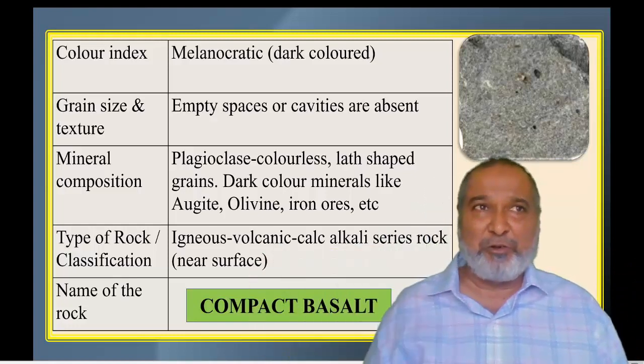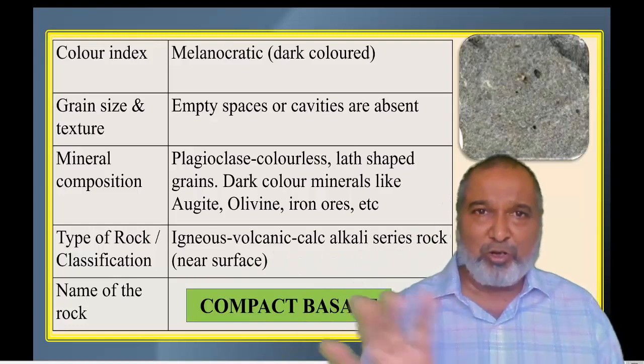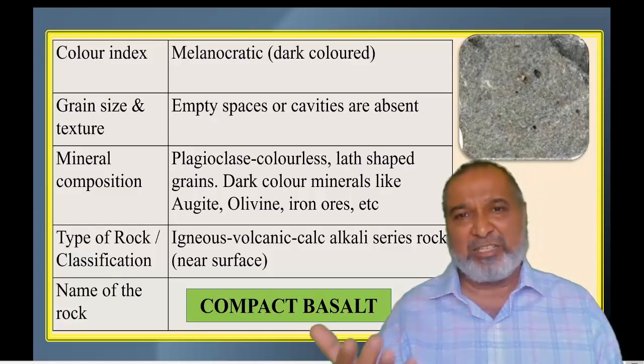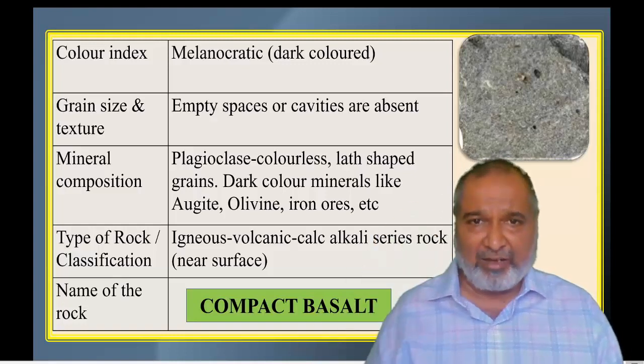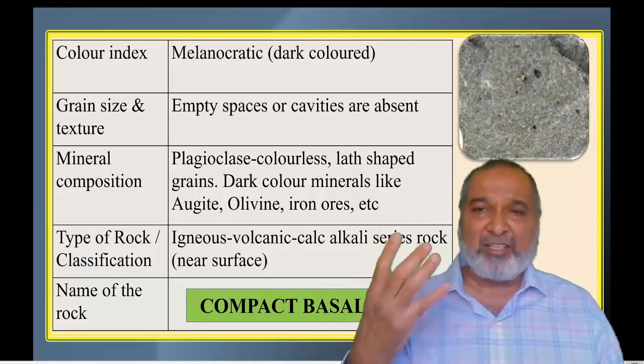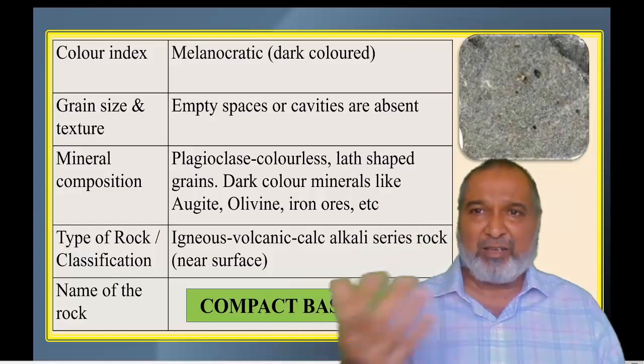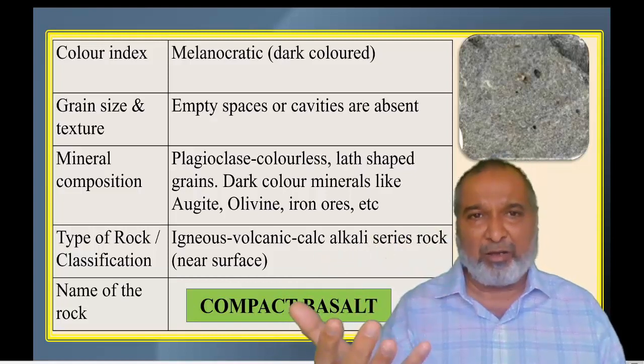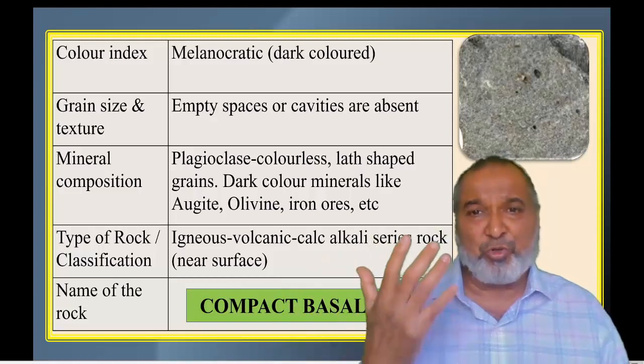The color is black, a dark color one, with no spaces, no cavities, nothing, and plagioclase is colorless. We could not see a single crystal, but we assume the dark color minerals augite and olivine, and in the case of fine grain, plagioclase is there.